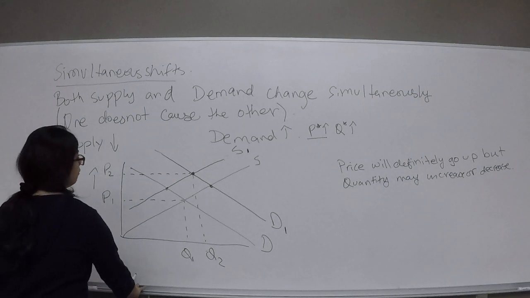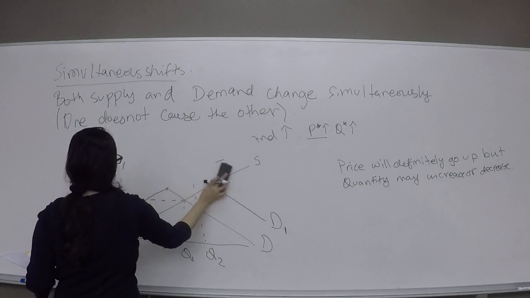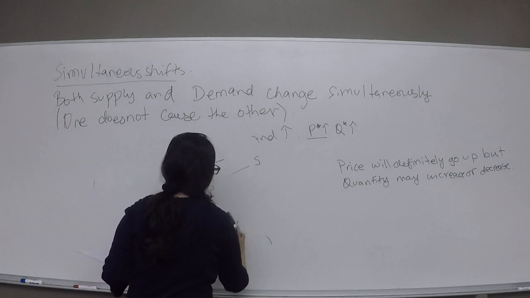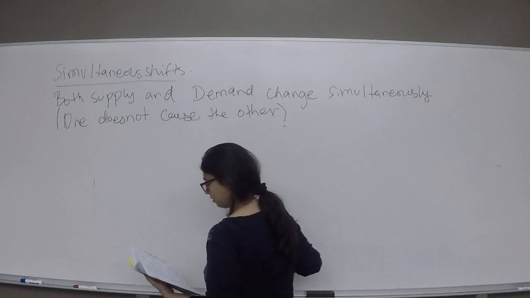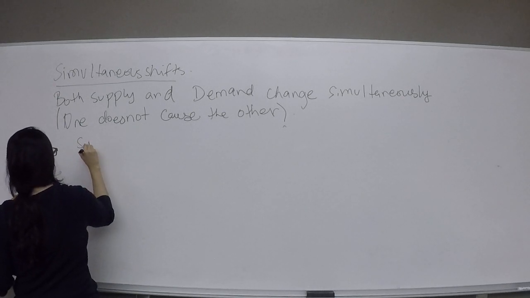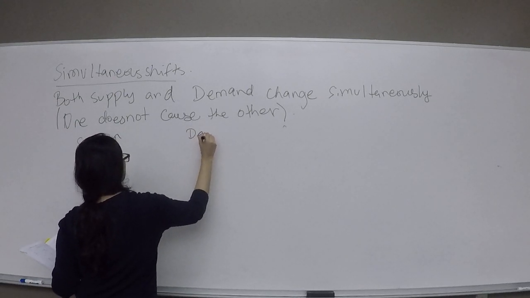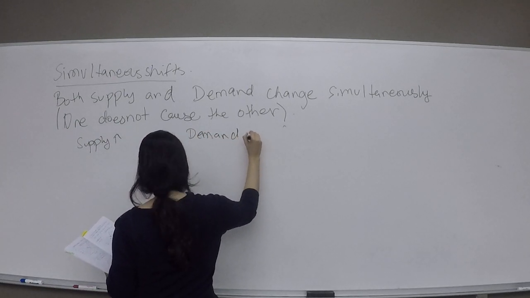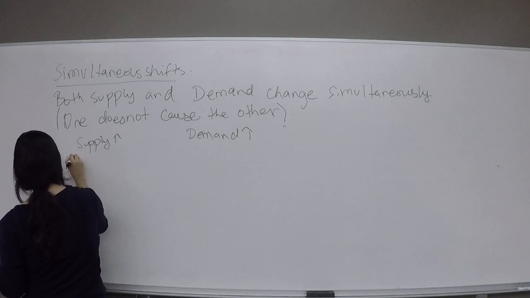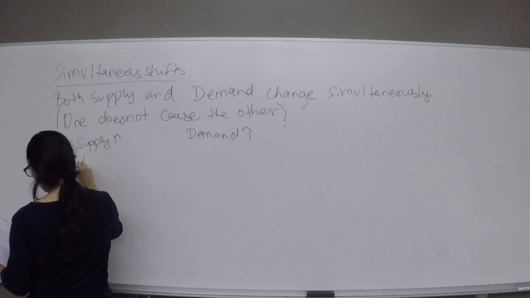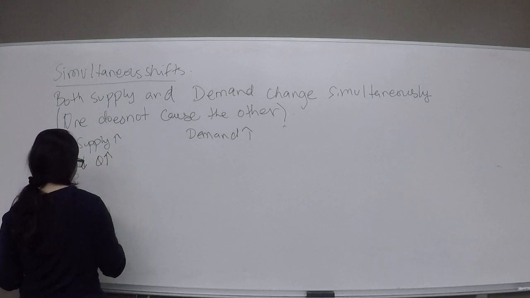What happens if supply increases and demand also increases? So usually when supply increases, your price goes down and your quantity increases.